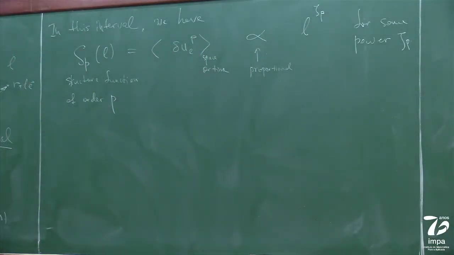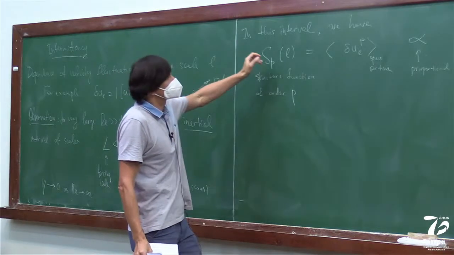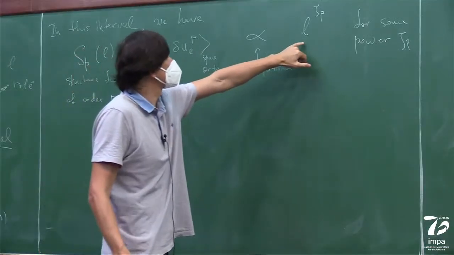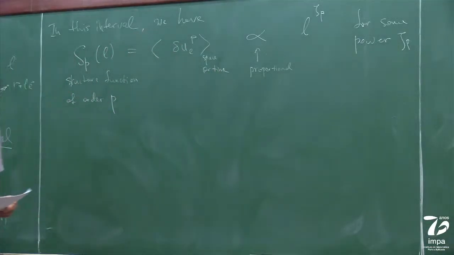So this is quite a universal behavior because it's a power law. All structure functions change with the scale as a power law. And this is an interesting fact. So the question is, why does it happen?